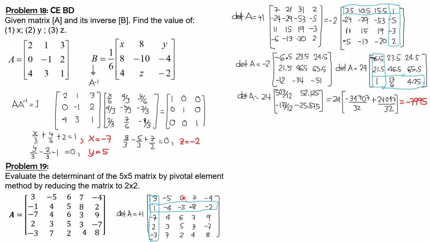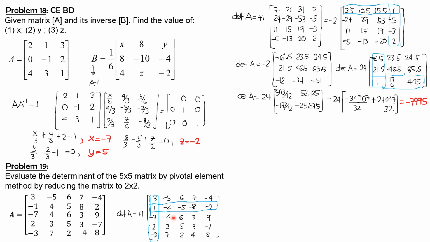Then 6 minus quantity 3 times negative 5, that's 6 plus 15, so positive 21. Then 7 minus quantity 3 times negative 8, so that's 7 plus 24, so that's why you have positive 31. Then negative 4 minus quantity 3 times negative 2, negative 4 plus 6, that's positive 2.